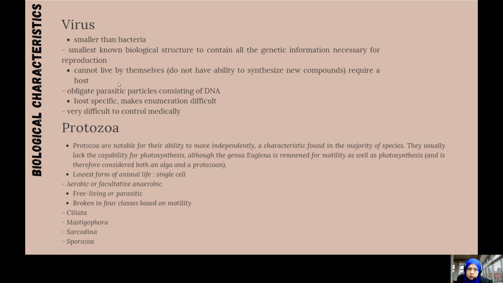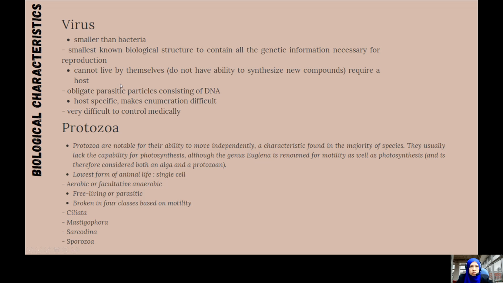Biological characteristics also include structures and contaminants, for example, virus. Virus is smaller than bacteria. As we know, virus is the smallest biological structure, and it contains all the genetic information necessary for reproduction.